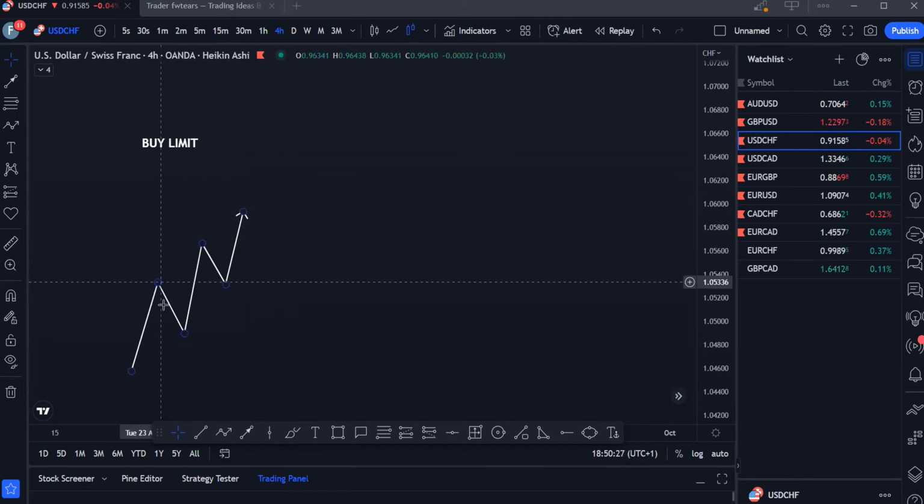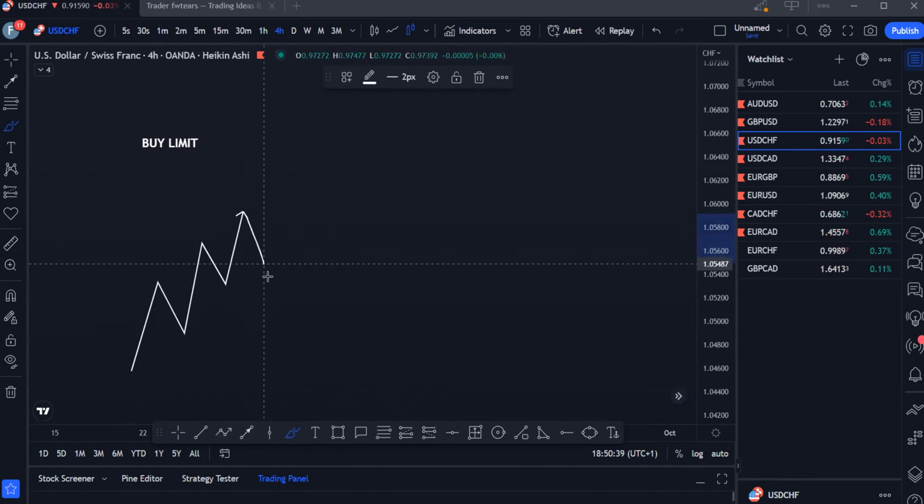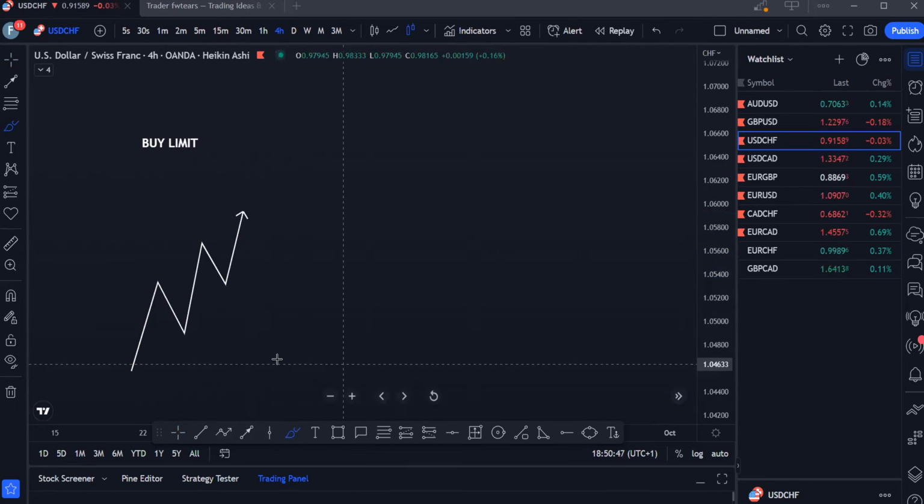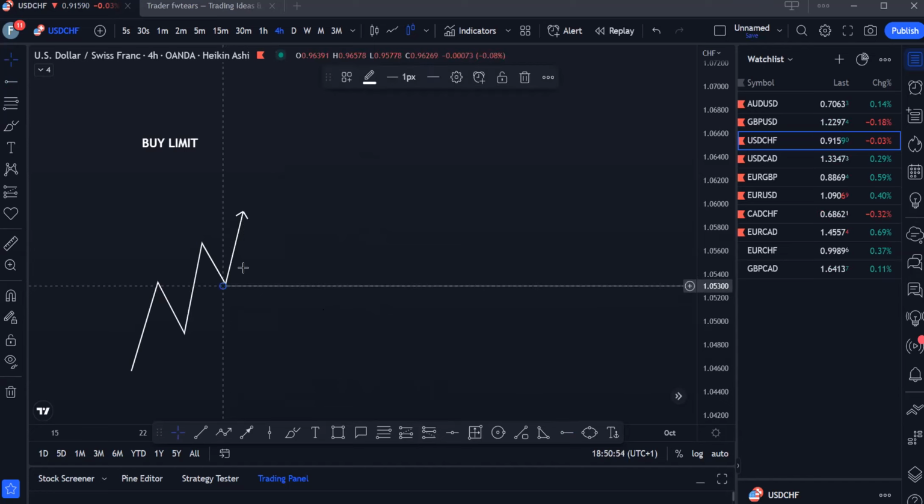And then you have reasons to believe that based on market structure, based on whatever you look at to take entry in the market, price is still going to come back down. So you believe that price will still come back down somewhere. So if you want to use a buy limit, that means you are expecting. So let me put a point here. So let's say over here is where you want to put a buy limit. So you put a buy limit here because you are anticipating price to come back down.